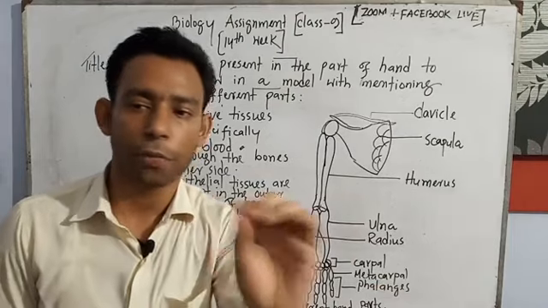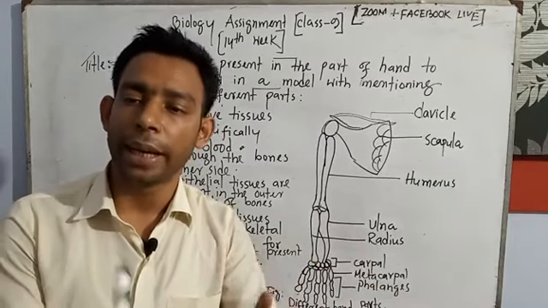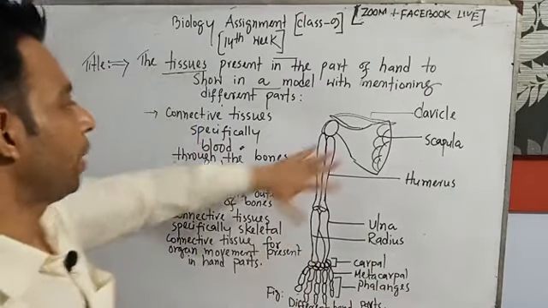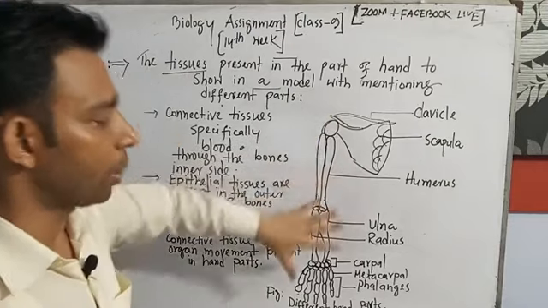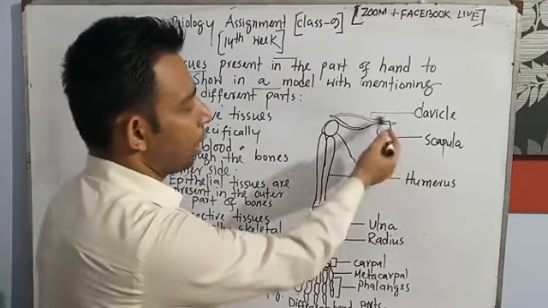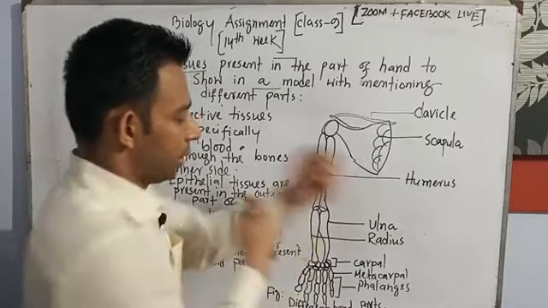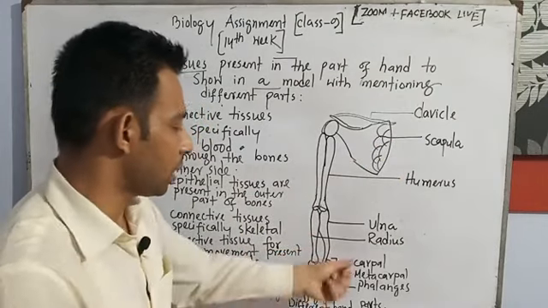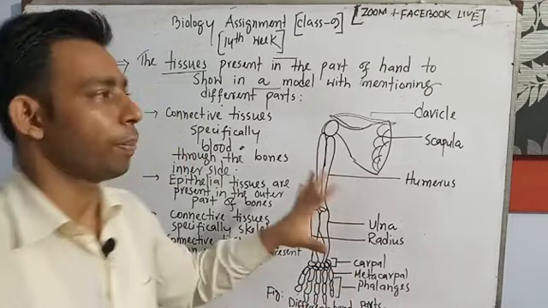We already write a few words on them. Then we draw the figure model of the hand, clavicle, scapula, humerus as the long part, radius and ulna, then carpal, metacarpal, phalanges and the different parts we mentioned.